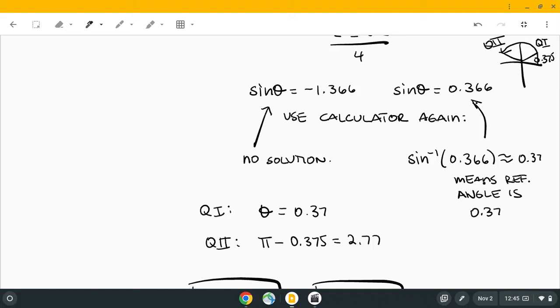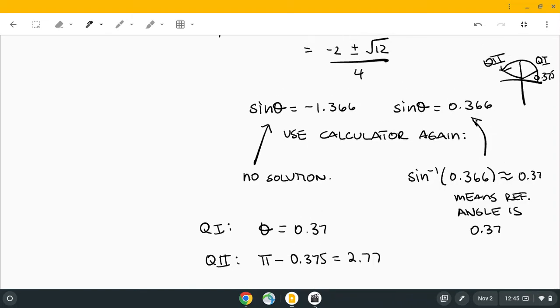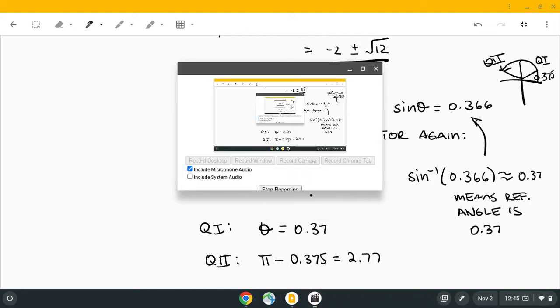Since 0.37 is already in quadrant 1, and we want a quadrant 1 angle, that's one of our angles. It's a little more interesting when we have it like down here. Okay, so that is it. If you have any questions about this, make sure you email me or text message me.